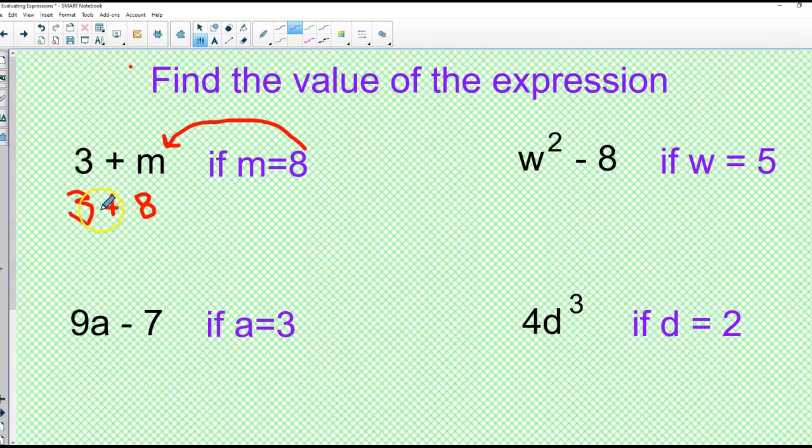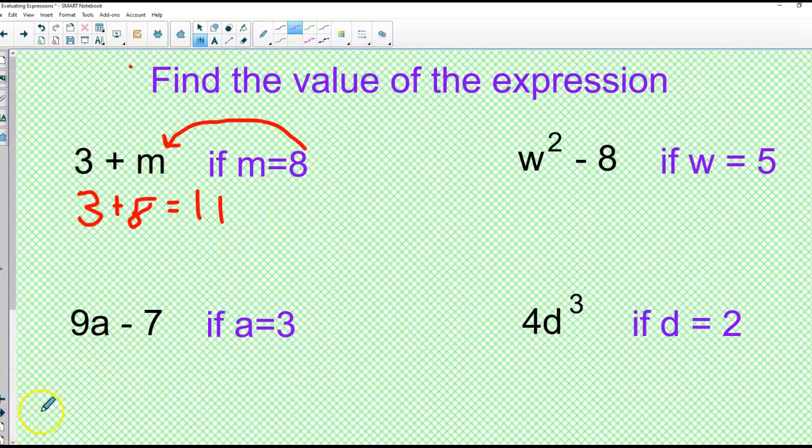So if I plug 8 in, 3 plus 8 would give us 11 as our answer. All we did was plug 8 in for our variable and solve.